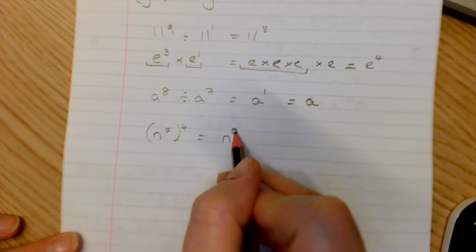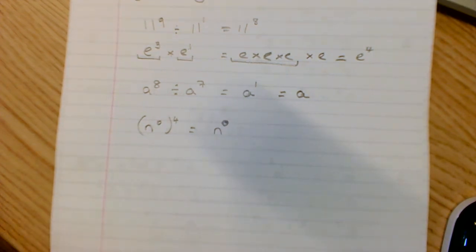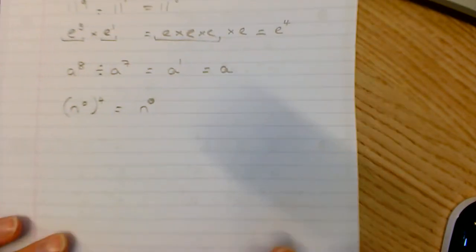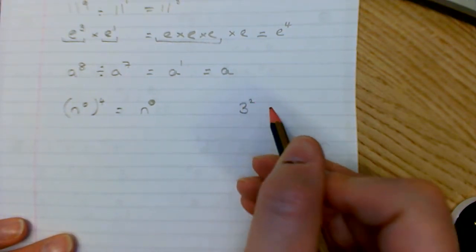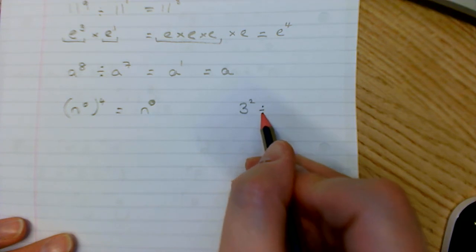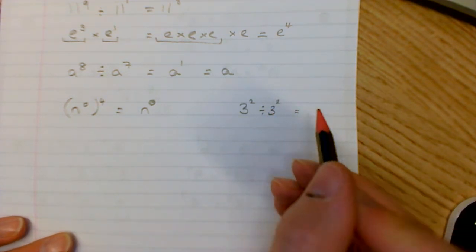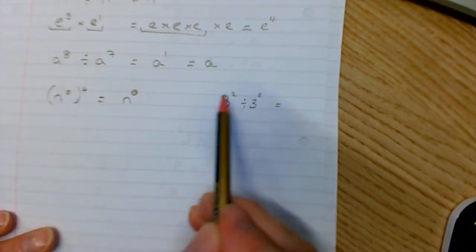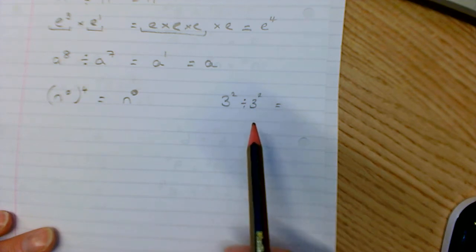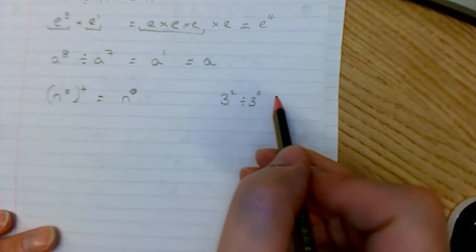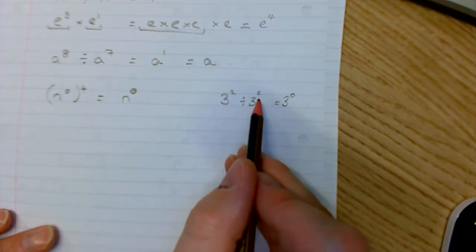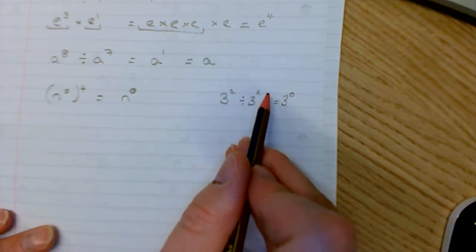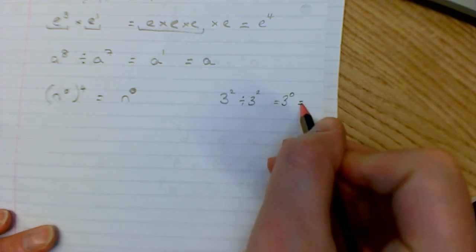Now there's a thing about the power of 0, and what it actually equals, and I'm just going to give you a numerical example. So let's say we have something like 3 squared, and we divide it by 3 squared, okay. So already we should know what the answer is, because what we've got here is something divided by itself. So we've got 3 squared divided by 3 squared is 3 to the power of 0, isn't it? But something divided by itself, it doesn't matter what it is, if you divide anything by itself, it's always going to equal 1.